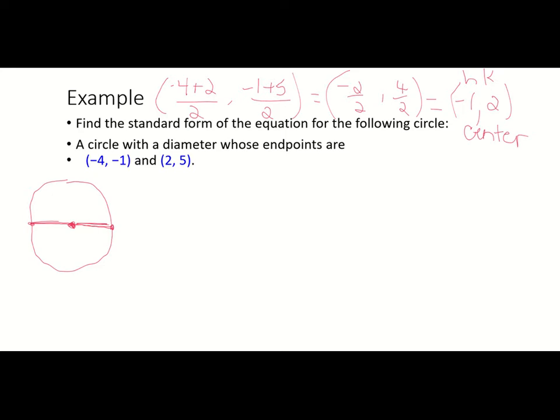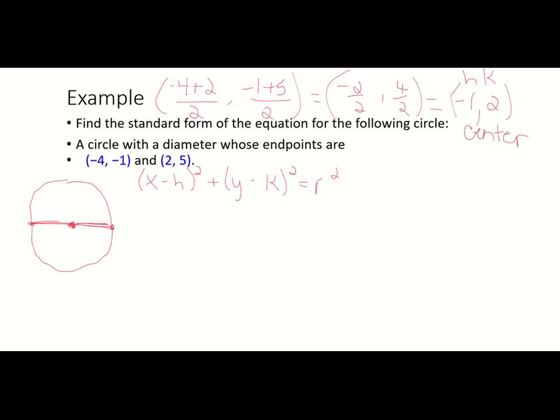I'm going to start with standard form. Remember, standard form is (x minus h) squared plus (y minus k) squared equals the radius squared.